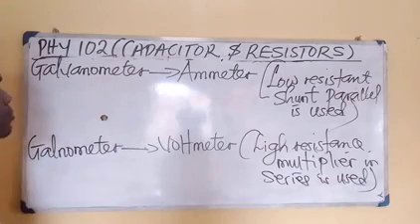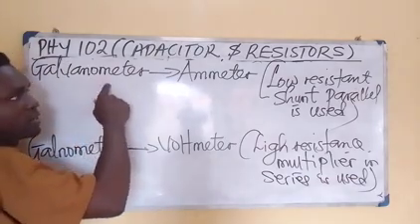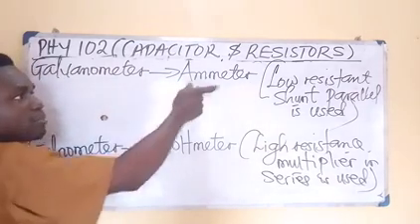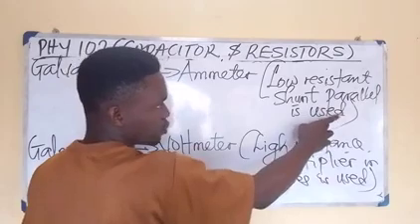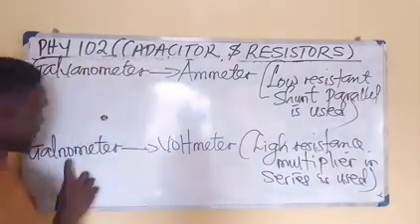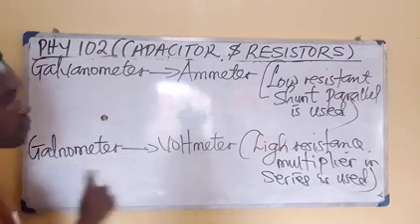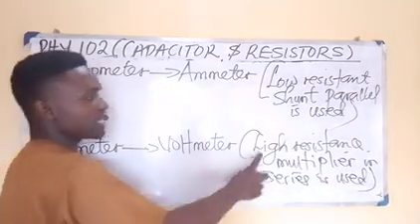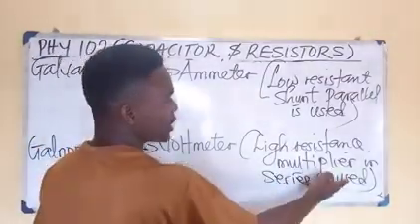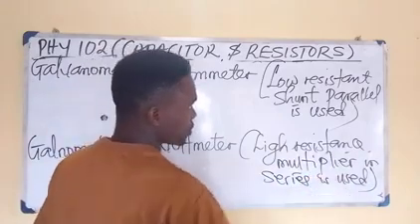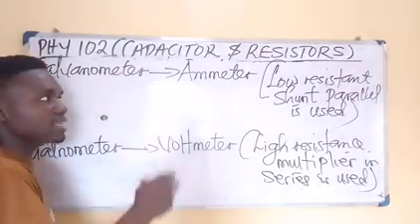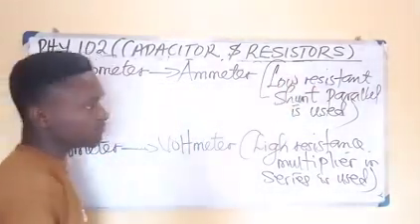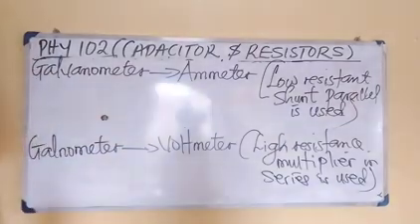Do you understand? For an ammeter, a low resistance shunt in parallel is used. For a voltmeter, a high resistance multiplier in series is used, meaning that the ammeter always has low resistance. Please take note of that.